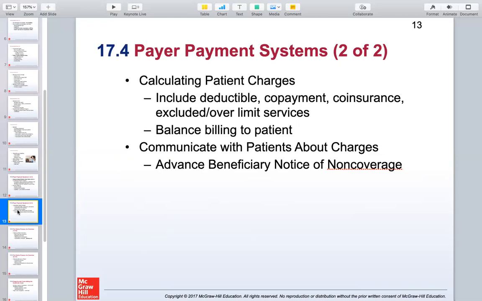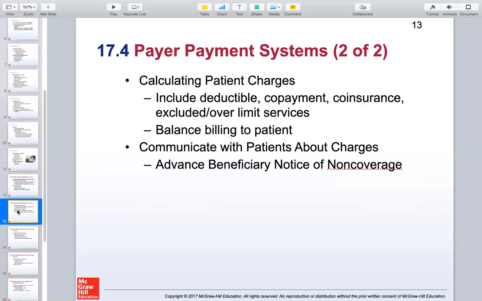But what happens is the insurance company then receives our claim and they see that the deductible's been met. So they'll take that $200 that had been met prior to, and they will subtract that $700, right, from the nuclear stress test that they paid for, and they will reimburse that to the patient, the $200, because if they paid $900 for the test and we submitted the claim to the insurance company, then the insurance company is going to require us to reimburse the patient the coverage and the overage that they paid.